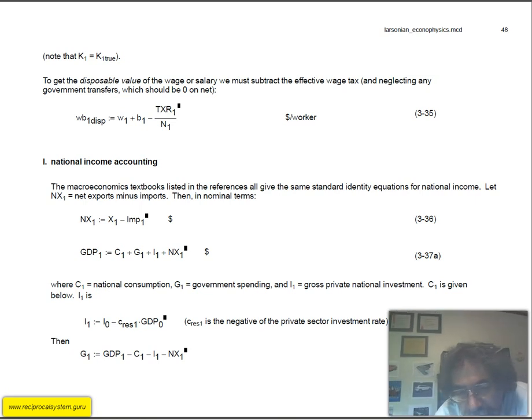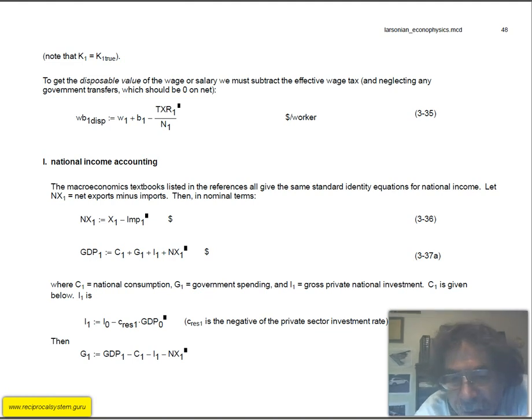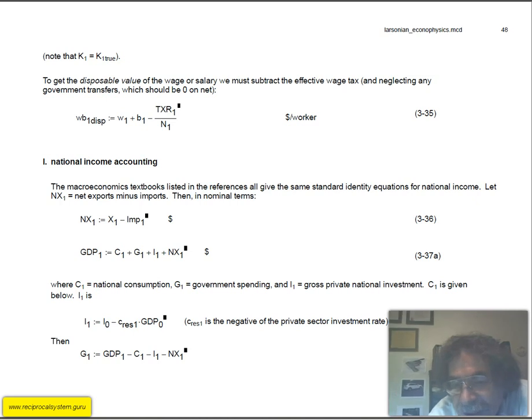That's in dollars. And therefore GDP sub 1 equals C sub 1 plus G sub 1 plus I sub 1 plus NX sub 1, where C sub 1 is the national consumption, G sub 1 is government spending, and I sub 1 equals the gross private national investment.